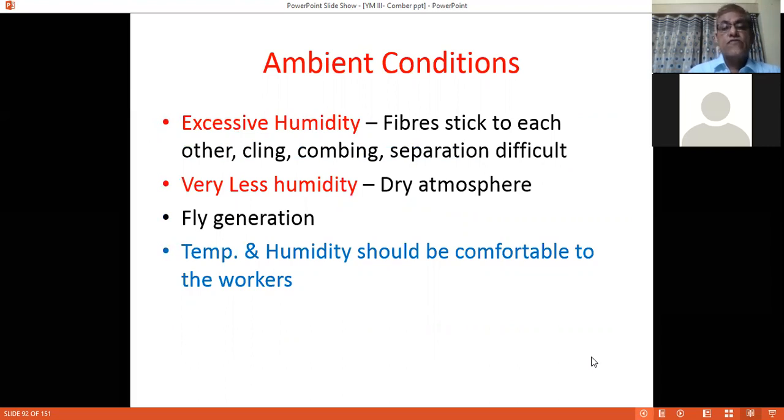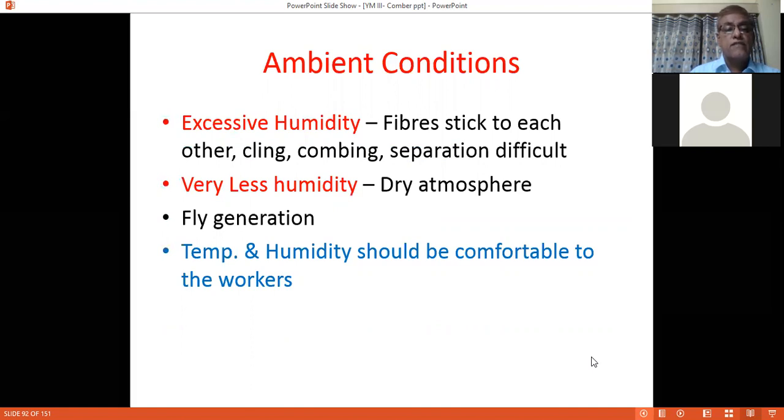If there is excessive humidity, just like in the rainy season, fibers stick to each other, cling to each other, and combing of the cotton and separation of the fibers becomes difficult. So bunches of fibers are coming, imperfections are more, and combing is not effective. So excessive humidity is also not desired.